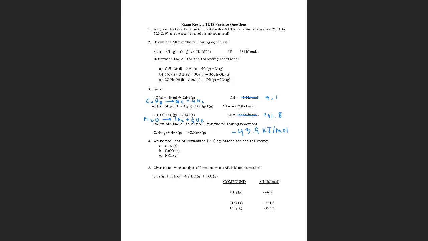Okay, so let's start with number 4. A says C2H6 gas. So how do we write heat of formation equations? What's going to go on our product side?